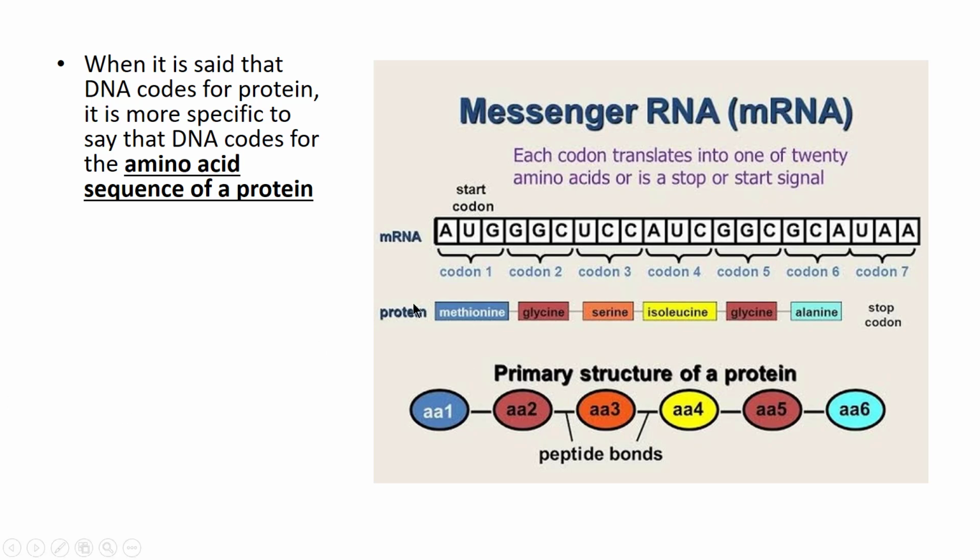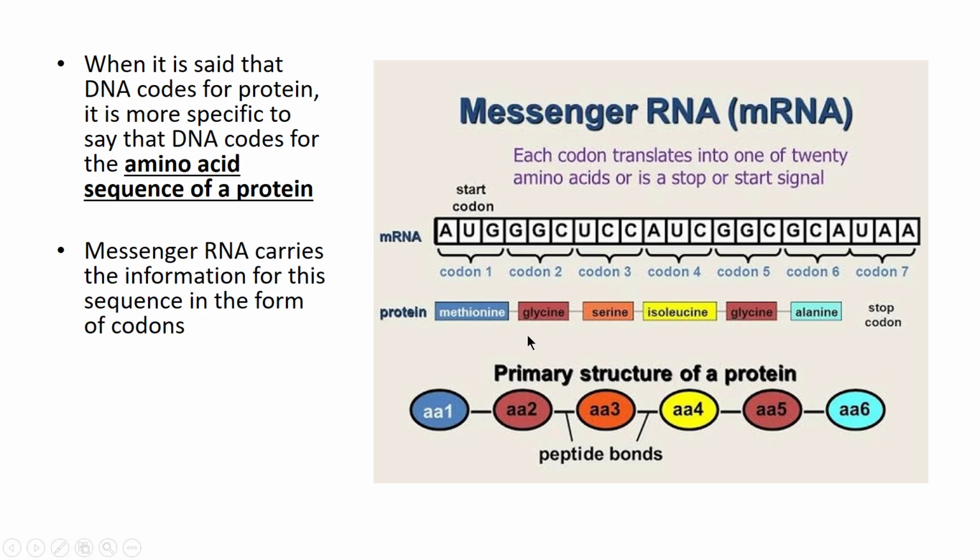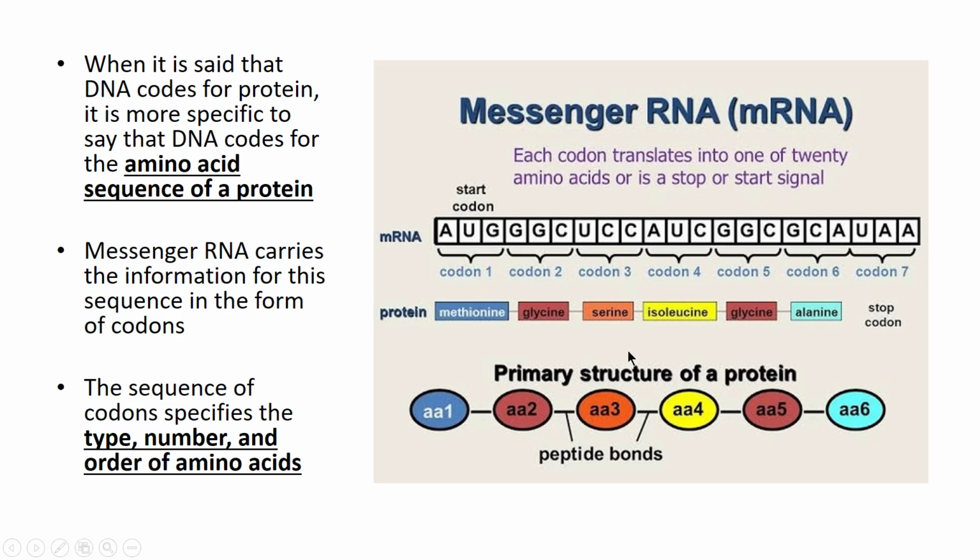So not only do we need to know what amino acids to use, what sequence to put them in, but also how many we need to have. Is it a small or large or intermediate sized protein? So that's what is all carried in the messenger RNA, these literal codes that code for the amino acids that ultimately tell us the type, number, and the order of the amino acids.